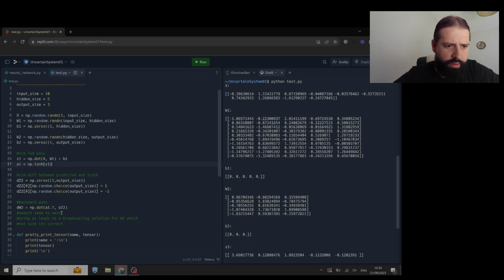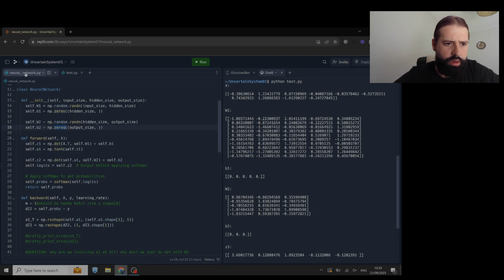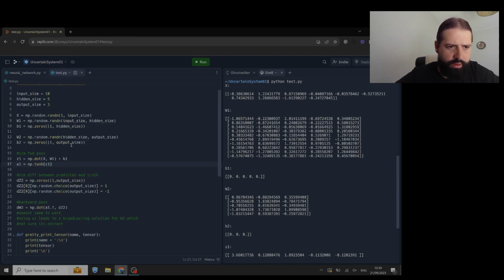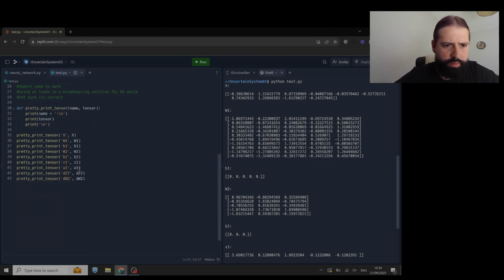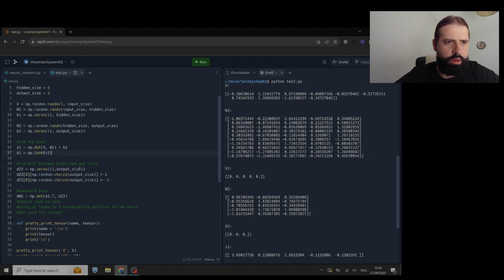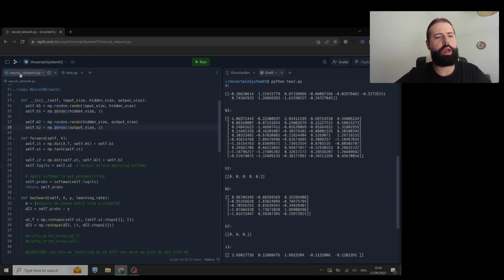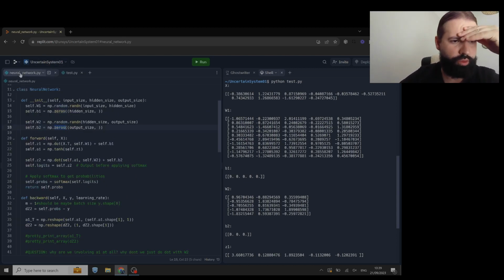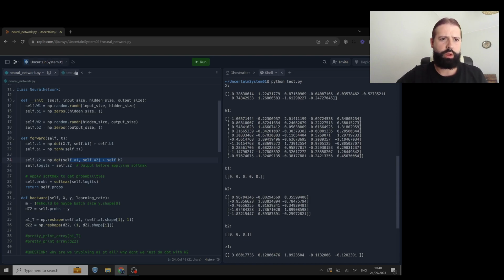Okay, but we're missing something here, aren't we? Z2. I haven't done Z2. So if, no, but if you don't do Z2, no, we have to do Z2. Use A1, W2, B2.